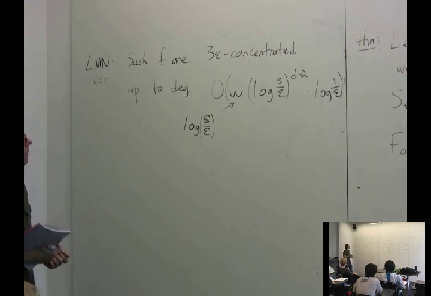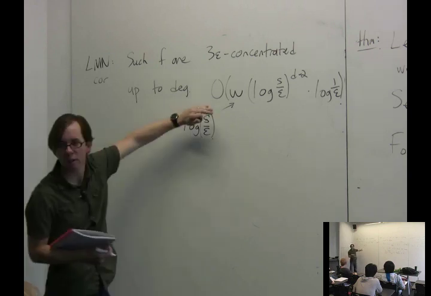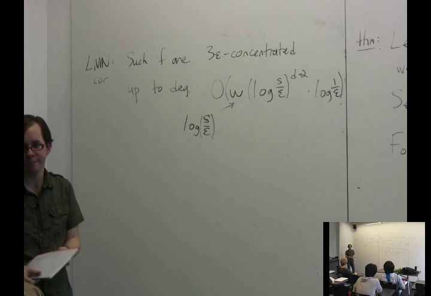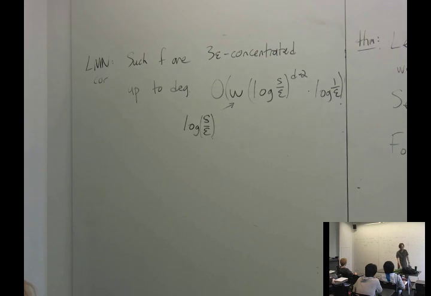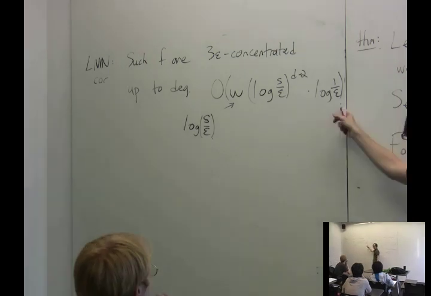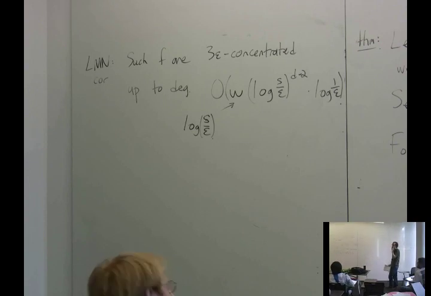Can somebody tell me how to get the final version of LMN, given this version? So I just give you a depth D size S circuit, but I don't promise anything about its width. How can you use this fact? Yeah, that's right.